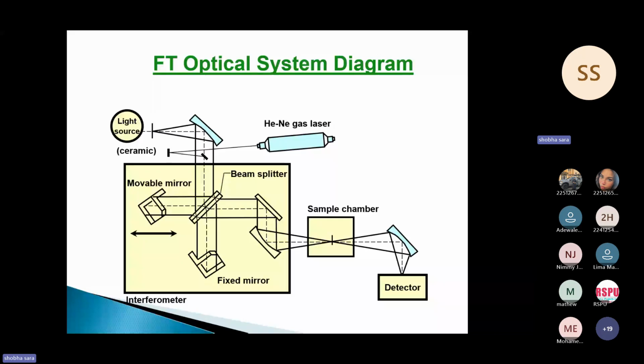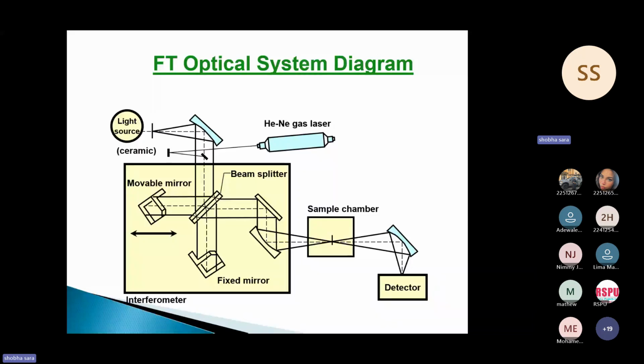As you can see, the interferometer is made up of a beam splitter which splits the beam into two parts. One goes straight to the fixed mirror, and one will be reflected to the moving mirror. You know why? This is used to modulate the wavelength from the broadband IR source.